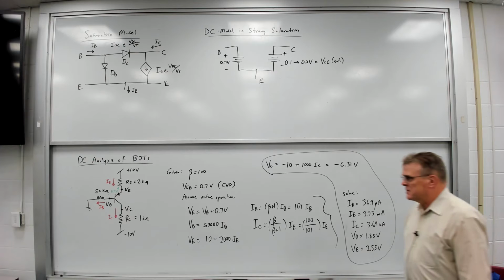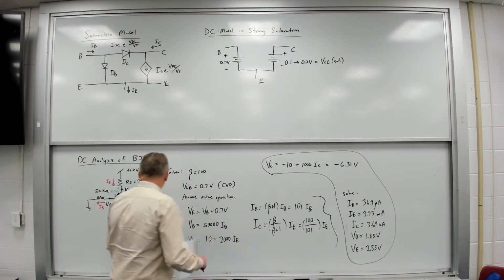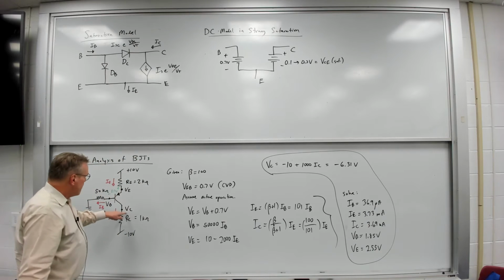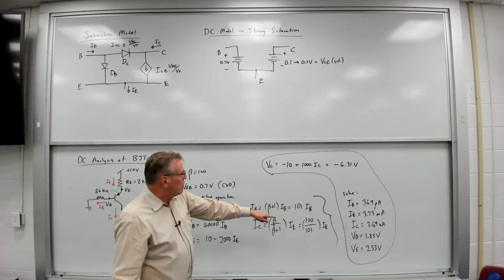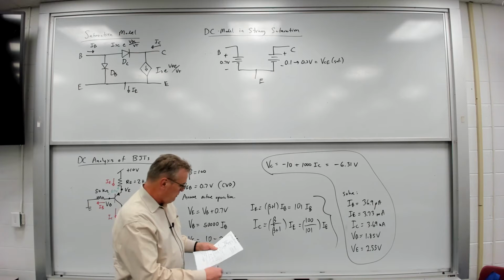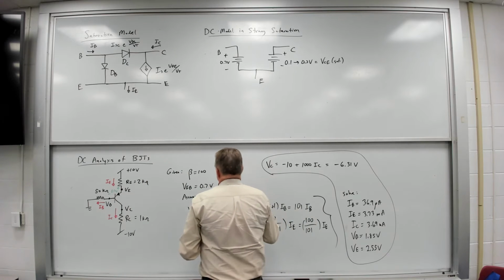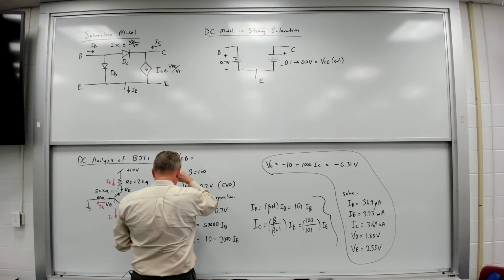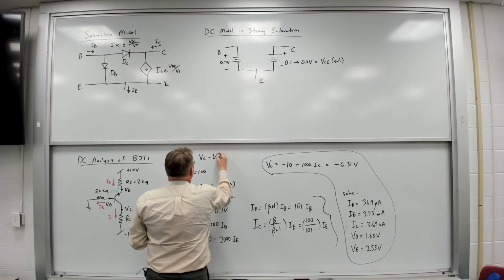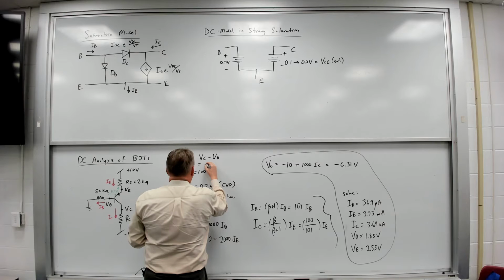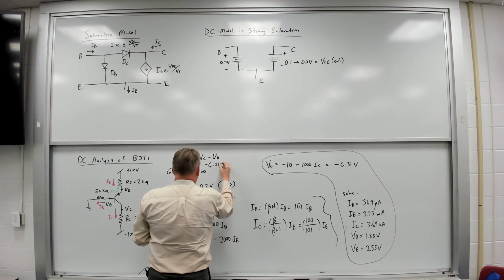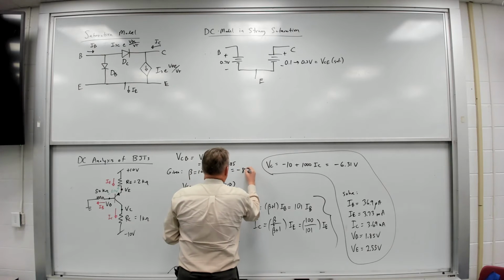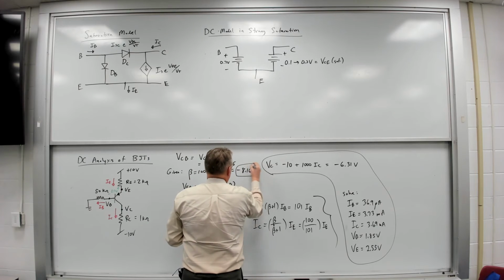Well, let's take a look at this. VB is 1.85 volts. VC is equal to minus 6.31 volts. So for this PNP transistor, VCB will be equal to VC minus VB, which is minus 6.31 minus 1.85, equal to minus 8.16 volts.